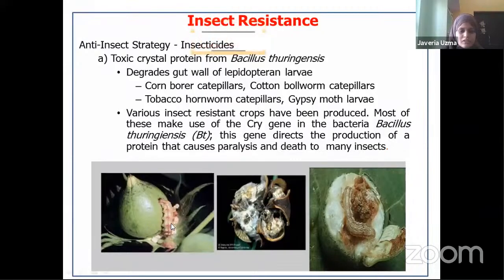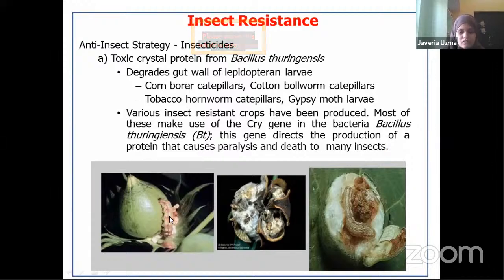So this insect goes and feeds on the cotton fruits. When it feeds on the cotton fruits, the quality of the cotton fruit will get deteriorated. So the cotton which we obtain will be of very weak quality. So here what we are doing is, with the help of transgenics, we are introducing genes which make these fruits insect resistant.